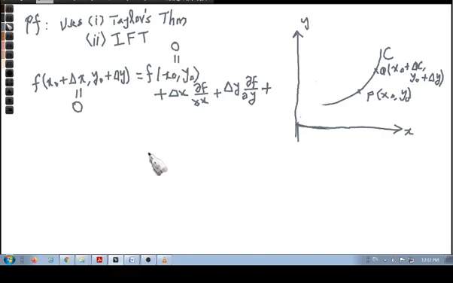So delta x into dou f by dou x plus delta y into dou f by dou y must be equal to 0.